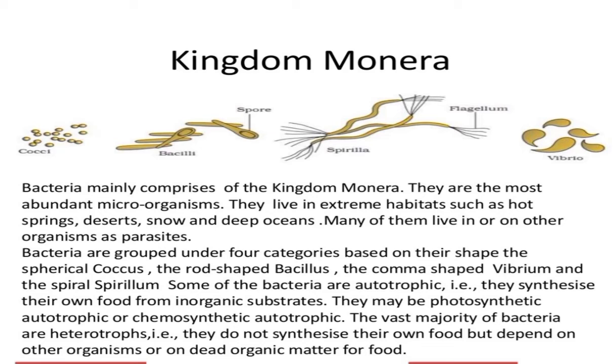Now children, let us learn about the first kingdom, that is Kingdom Monera. As we have already read in the previous topic about the most widely accepted five kingdom classification given by Whittaker, now we'll study in detail about the Monerans and Protistans.